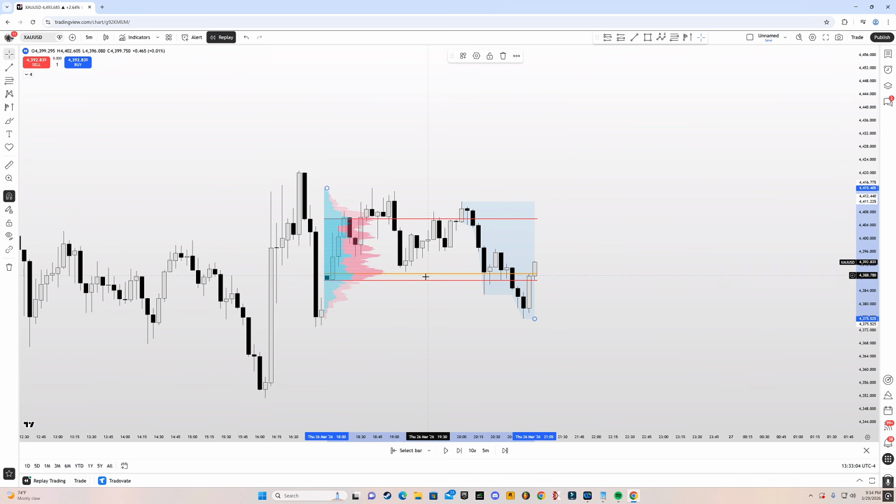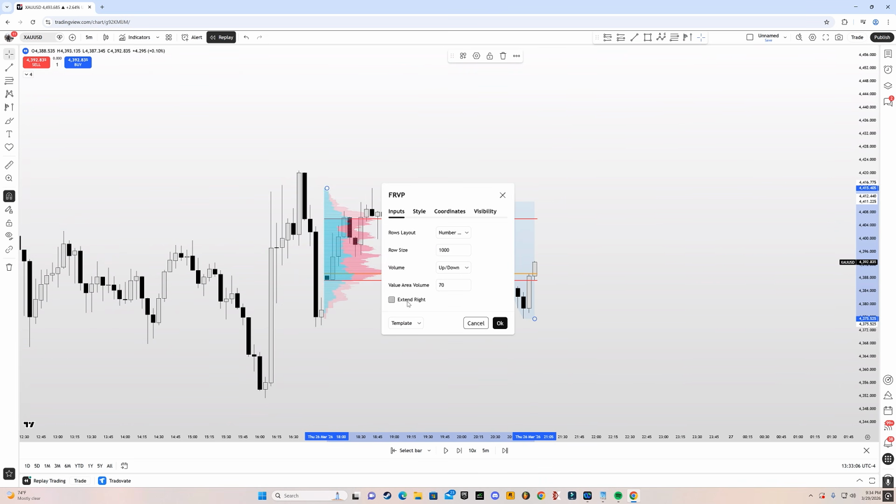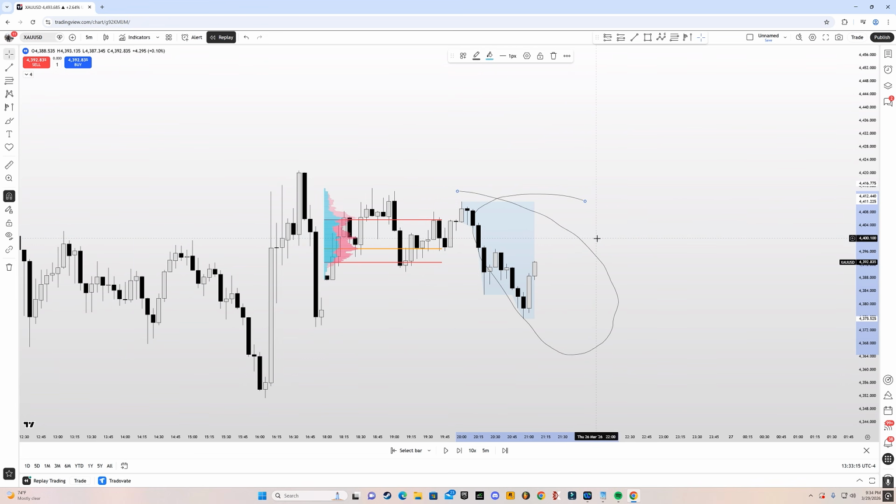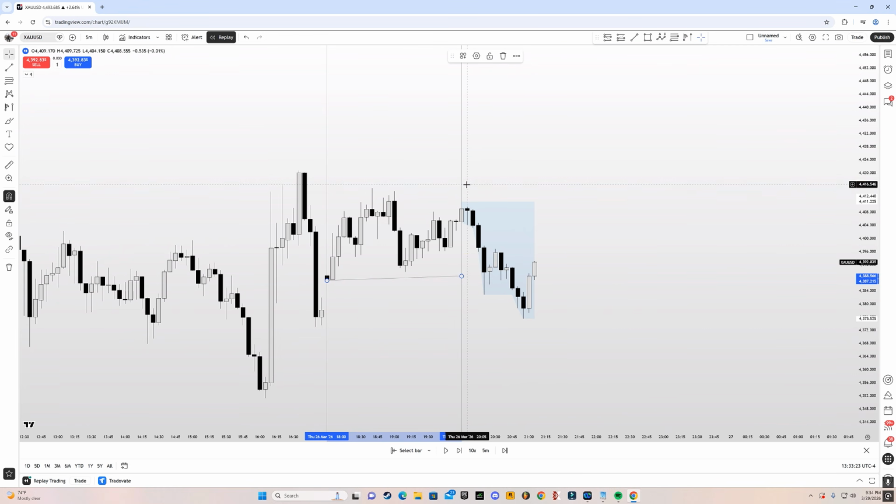Now make sure that it is a developing volume profile. Usually a volume profile doesn't consider this price action; it only measures up to where you draw it. So if I draw it out till here, it's only going to look at the volume around this level.